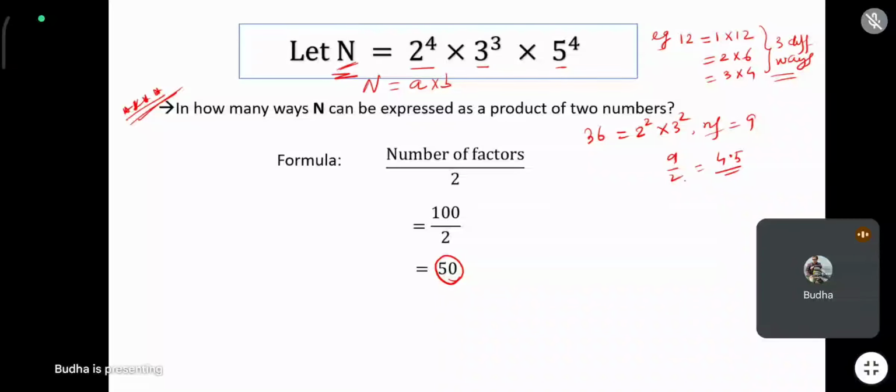How can the count be 4.5? तरीका है ना, 4.5 तरीका नहीं हो सकता, या तो 4 तरीके होंगे या तो 5 तरीके होंगे. Why my answer will be 4.5 in that case? So in that case you'll have to do 9 plus 1 by 2. So 9 plus 1 means 10 by 2, which is 5. Am I clear on this?